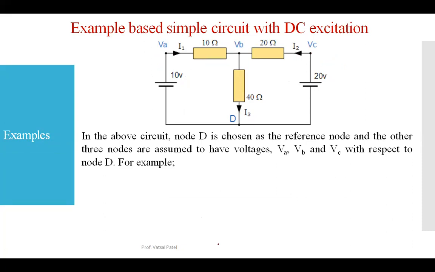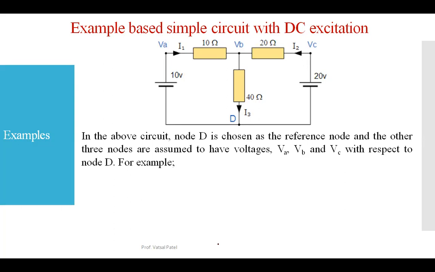So for example, if you apply the KCL at the B point in the circuit, how can you write the KCL equation? Can you identify and tell me?